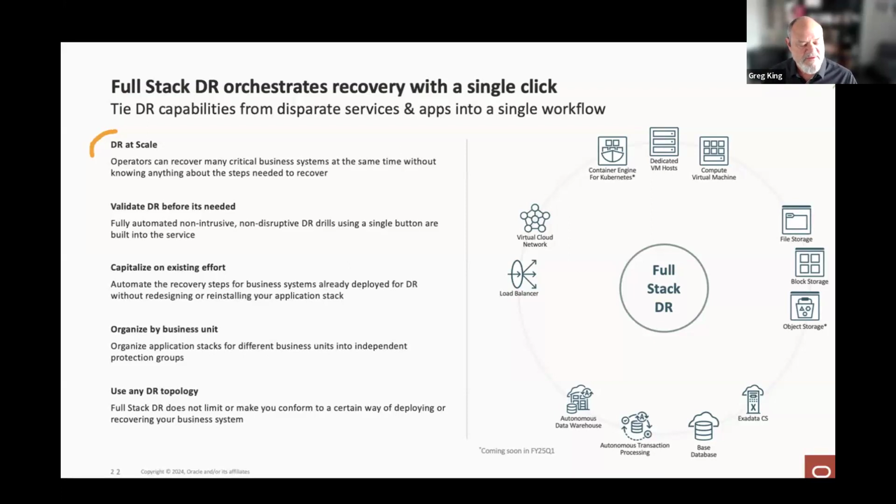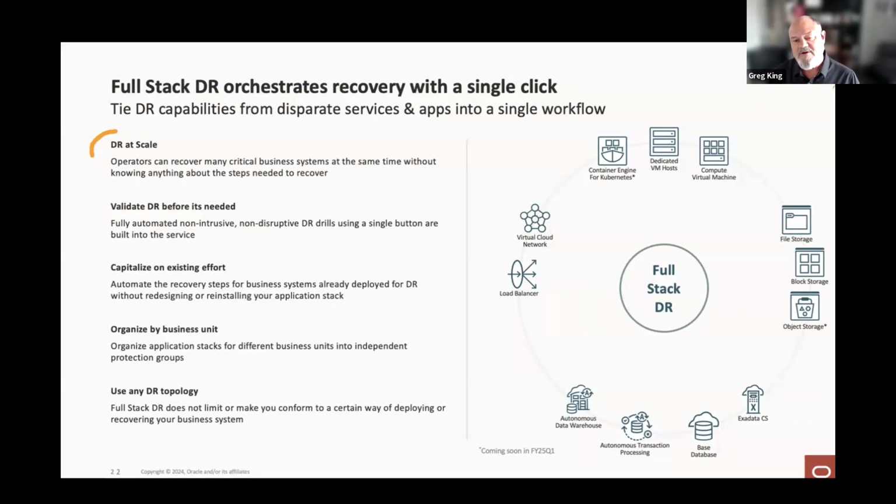So DR at scale means that most companies can probably recover any one of their business applications in maybe 2, 3, 4 hours, something like that. After you're done with that, you need to go do the next system.